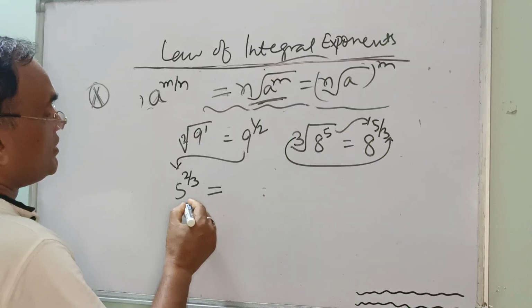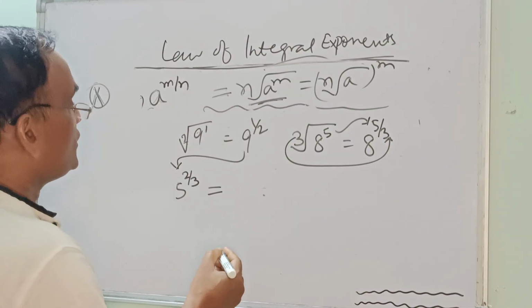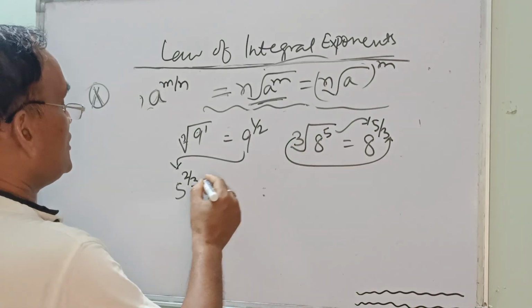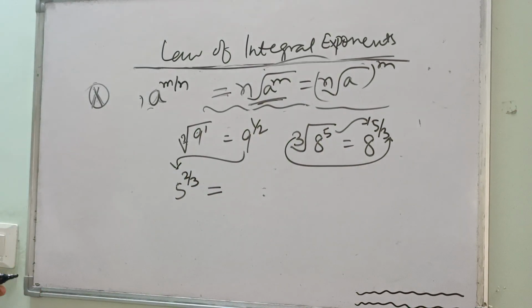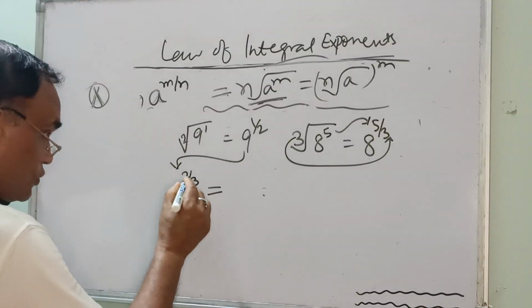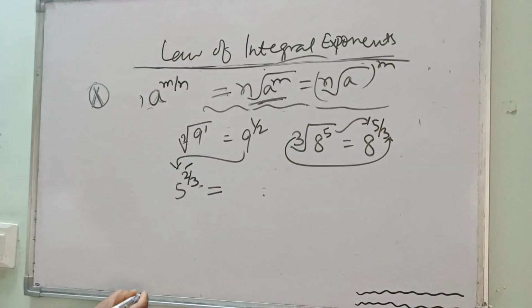I have told you that with this power, this 2 or 3, there should not be any confusion. This is your denominator part, this is your numerator part.